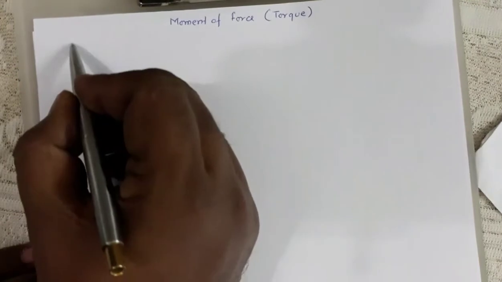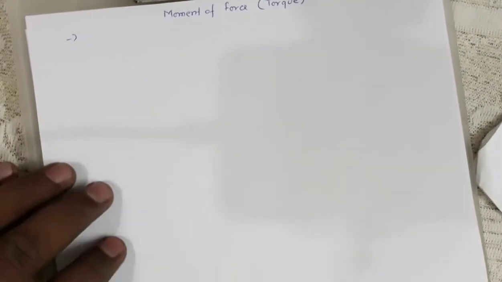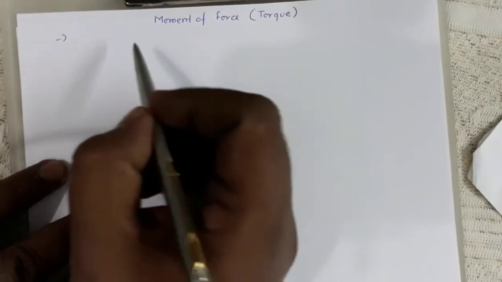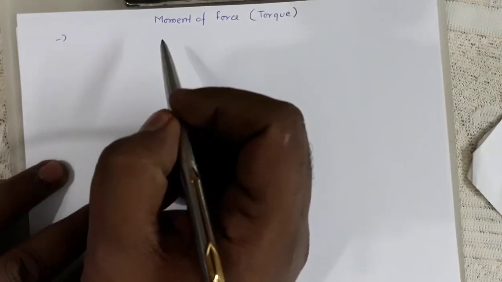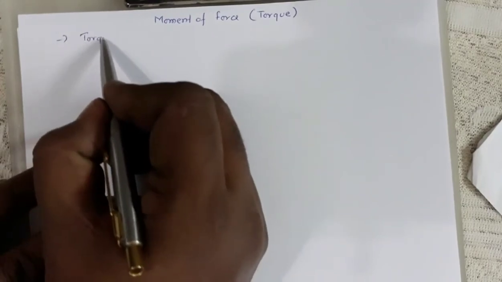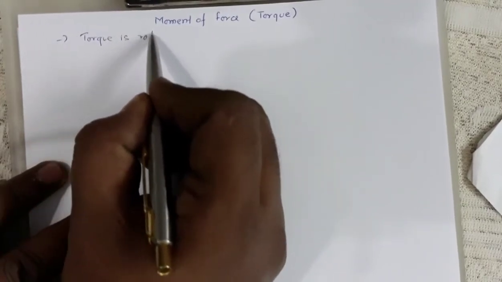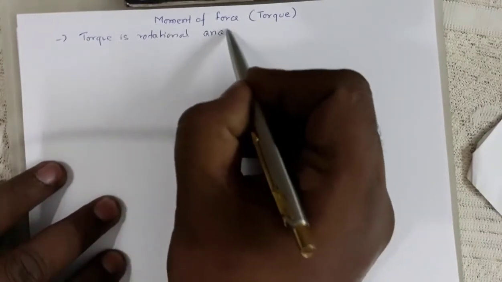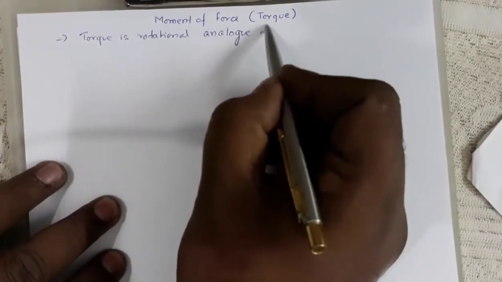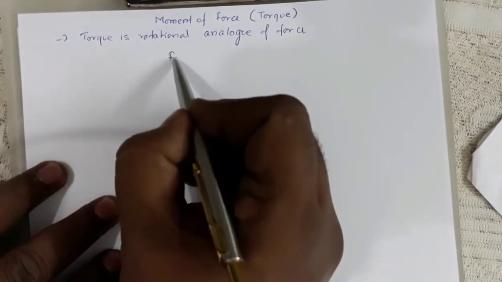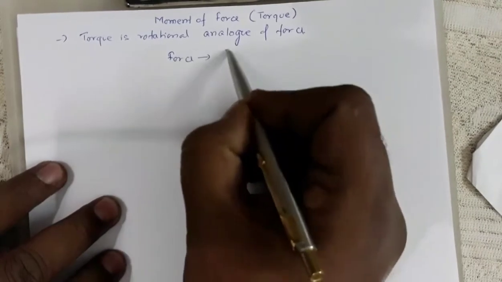Now basically, torque is the rotational analog of force. The first observation is that force produces translational motion and torque produces rotational motion.